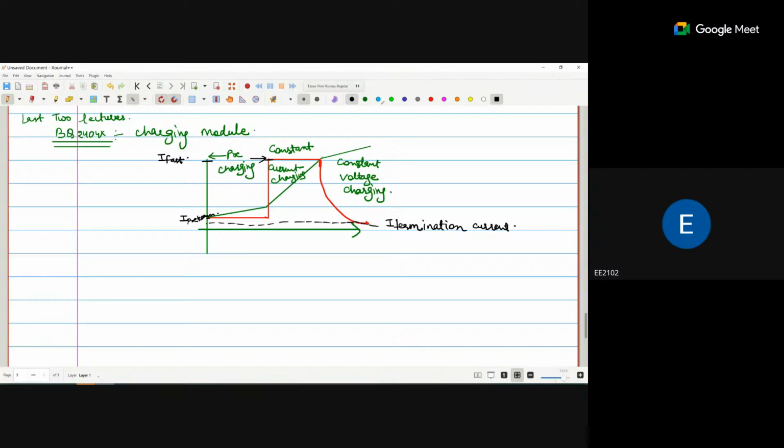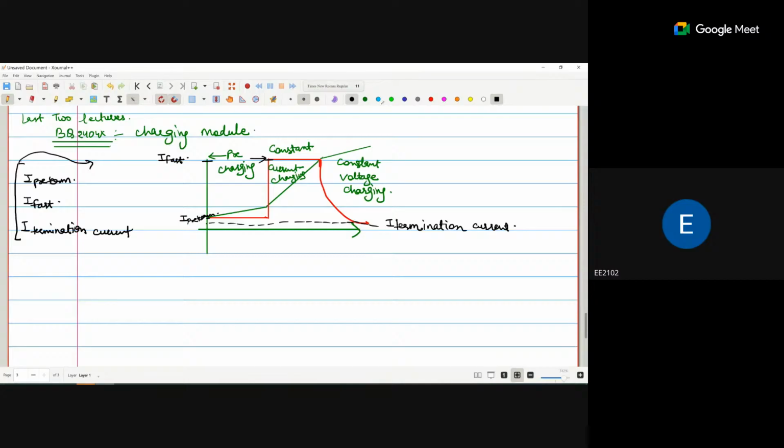So how we calculate the preterm current I preterm, the I fast charging current and the I termination current will be explained in the last 2 weeks. These three parameters are very important for the charging module.